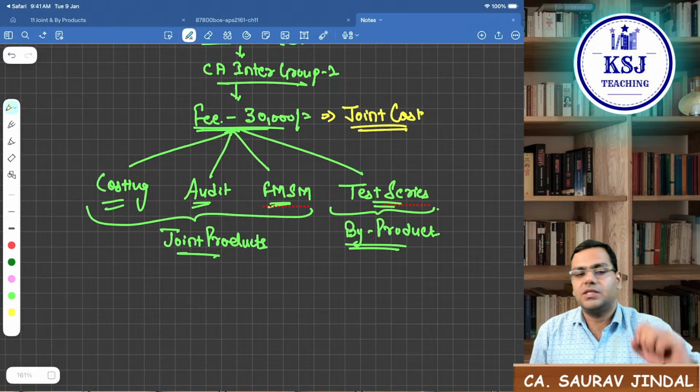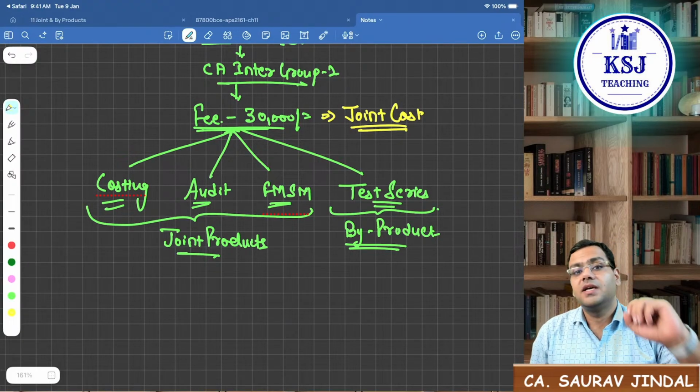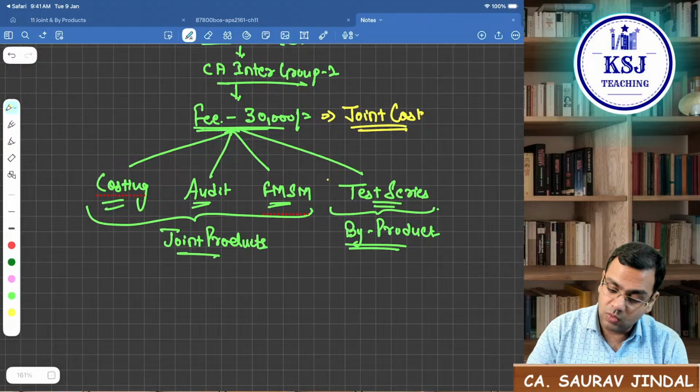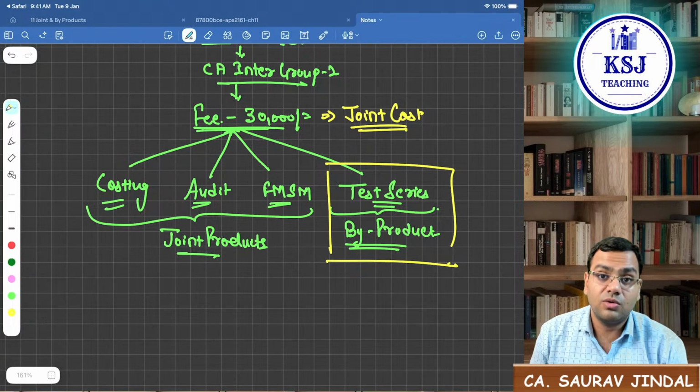Now the problem is, tomorrow if your friend comes to this coaching center and says, sir, I don't need the coaching for all the classes. What I need is only the test series, or only one subject out of the 3 subjects.